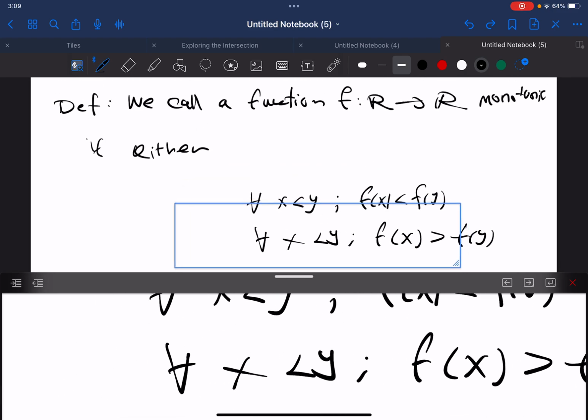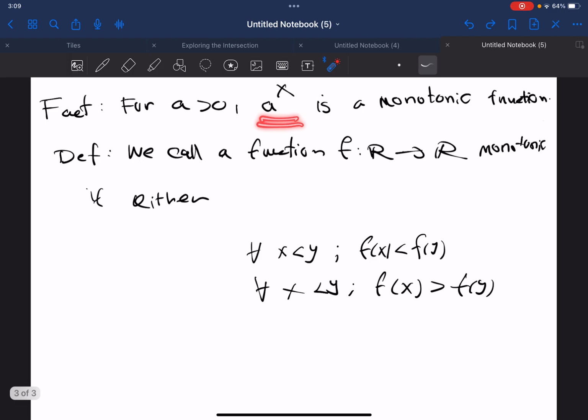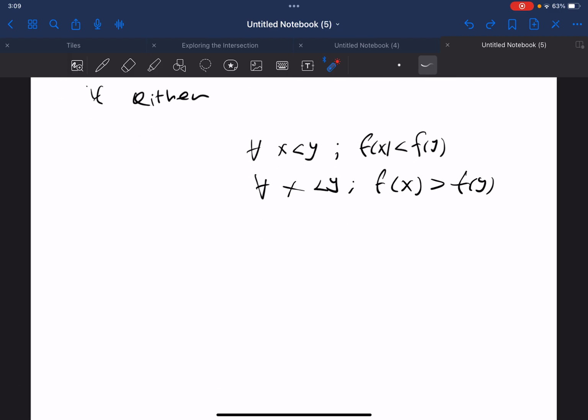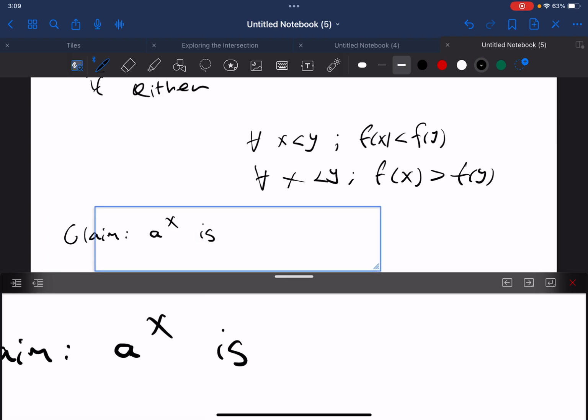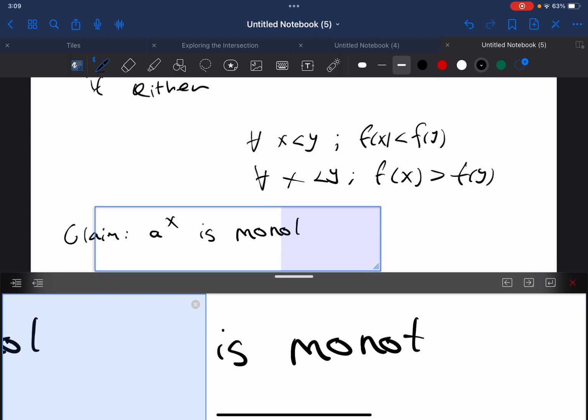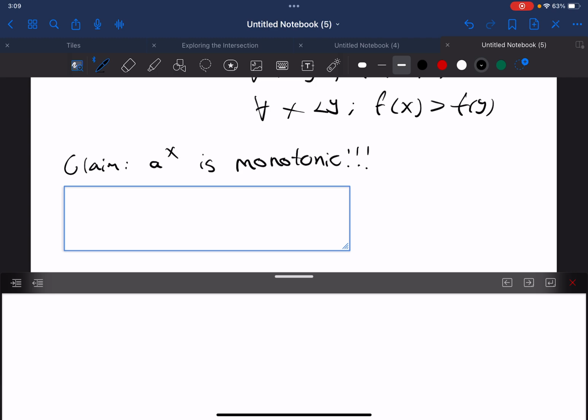And the claim here that I've made is that a to the power x is monotonic. Why is that true? To see the proof of this, remember the log function.